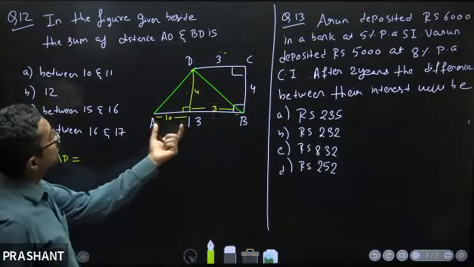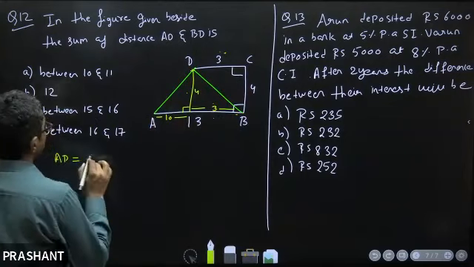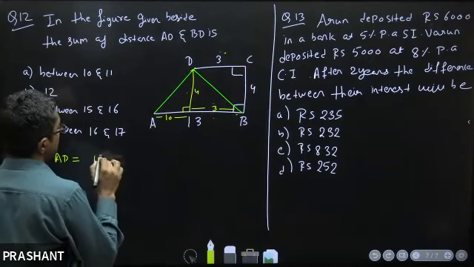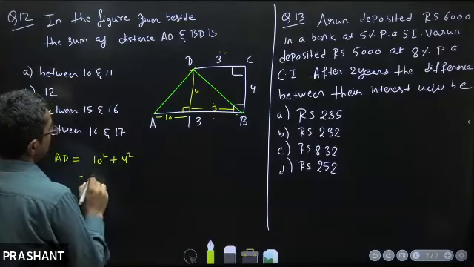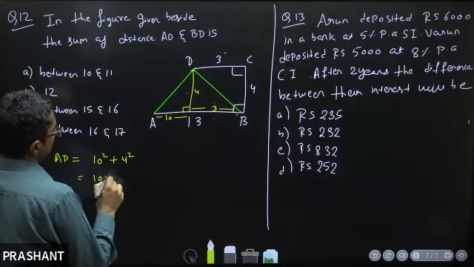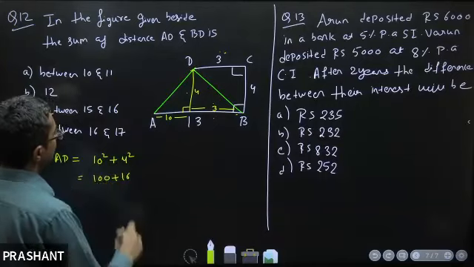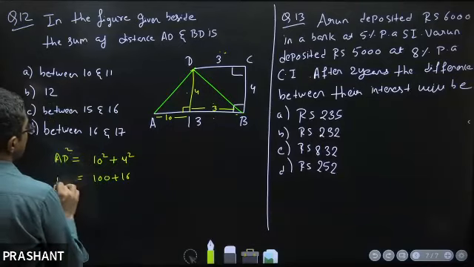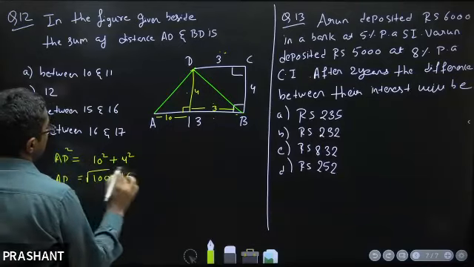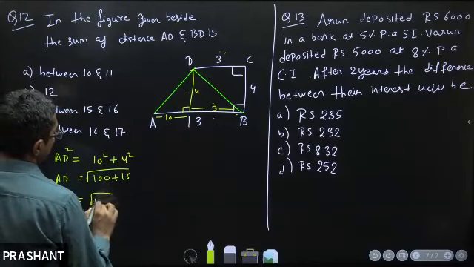AD is 10 square plus 4 square, that is 100 plus 16. Correct? So AD square, so AD will be root of 116.